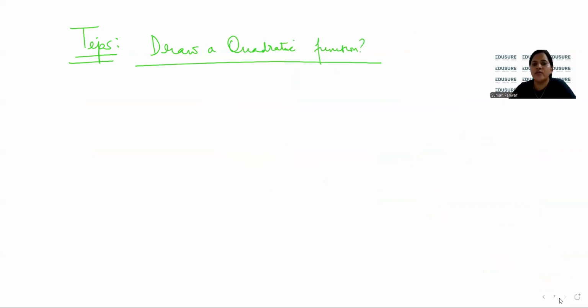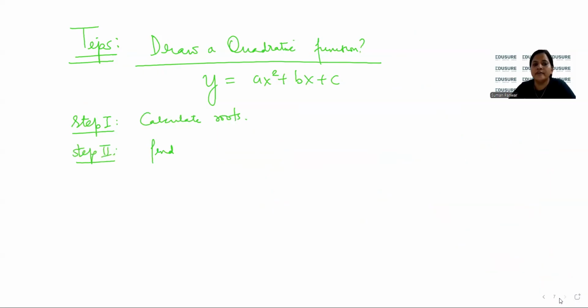You will always have a quadratic function of this form, y equals ax square plus bx plus c. Step 1, calculate roots. Step 2, find vertex. Step 3, check a positive or a negative to know the orientation.